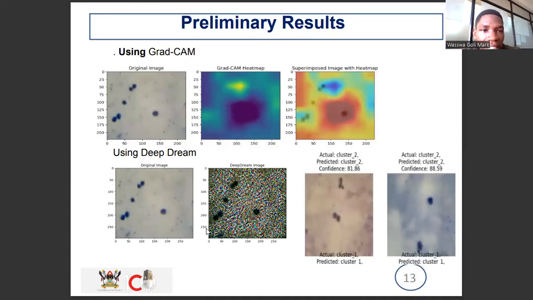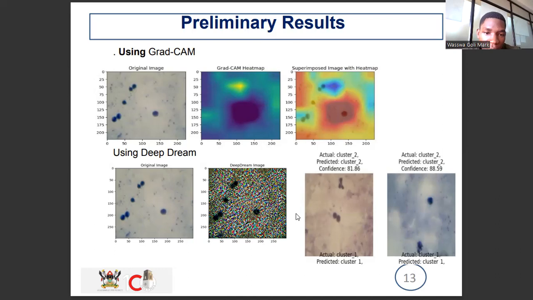These are some of the techniques that we use to implement model explainability. When you look at this image here, these dark spots are also clear in this image. These are some of the parasites that the model is trying to focus on. And this was Grad-CAM. Also using Deep Dream, this was the output, still showing the particular objects that the model focused on.